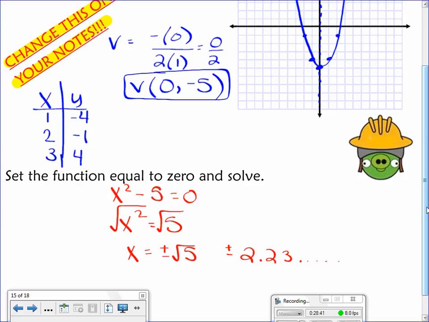You told me it crosses somewhere in between 2 and 3. I can't exactly tell you where. It's not pretty, right? Plus or minus. So you have a positive, is that between 2 and 3? Yeah. So that value right there is 2.23, blah, blah, blah. That's radical 5 right there. And then negative 2.23 something, something, something. That's exactly where that is.